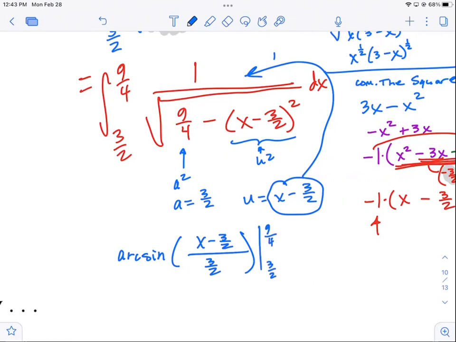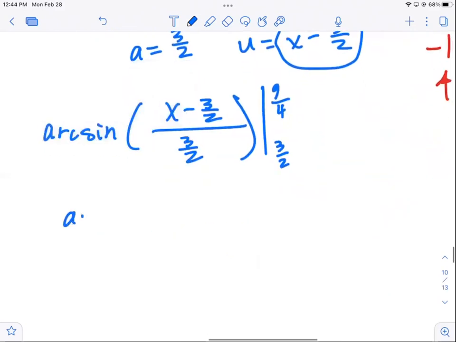Now, I don't like that complex fraction. Do y'all? Let's state change flip here. I want to clean this up. Arc sine of state change flip. So dividing by 3/2 is the same as multiplying by 2/3.